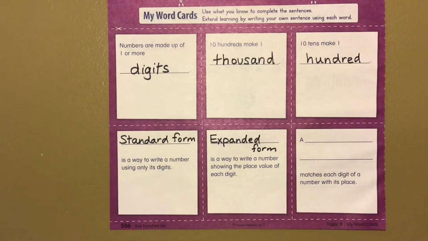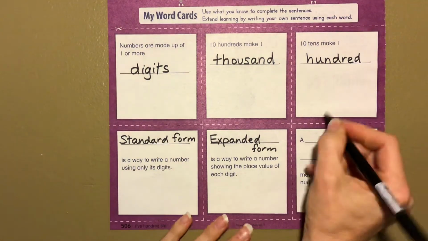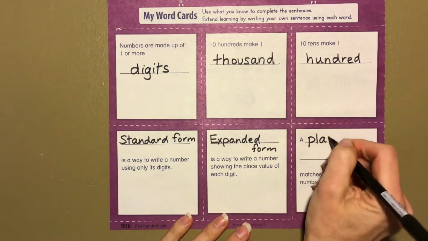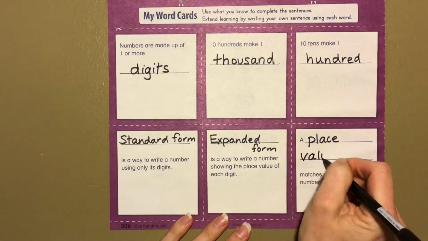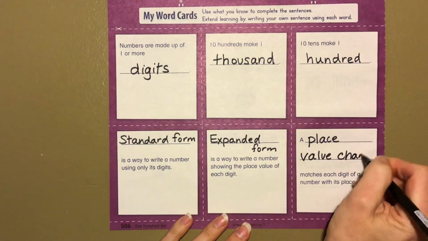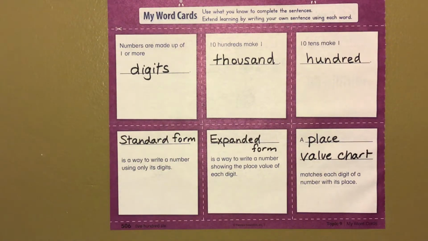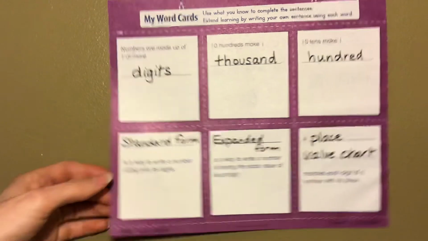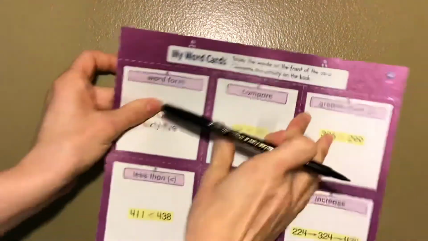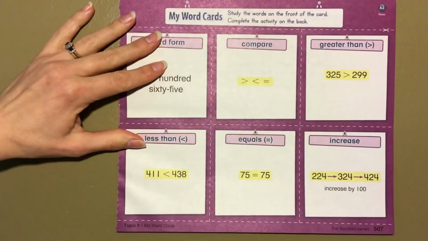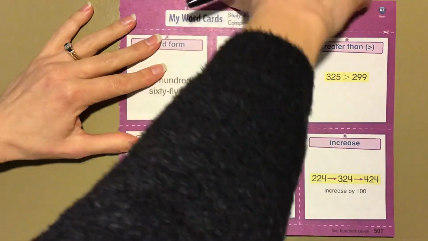And that is a place value chart, just like we do every morning. All right, let's go ahead and take a look at our next one. We're getting a lot of new words in here. Lots of new vocabulary. It makes us sound extra smart.